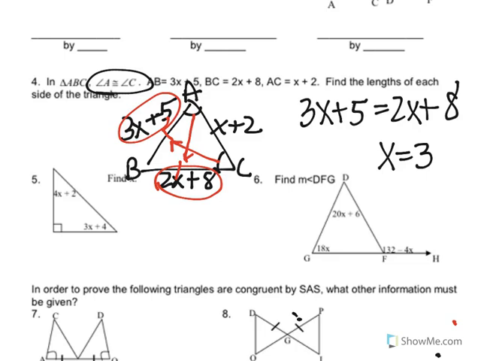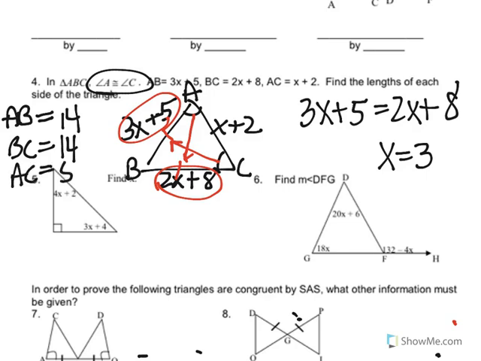And once you have x equals 3, you plug that back into each one, and you get your lengths as follows. Now remember, we don't use a line segment mark when we're doing a measurement. It's just AB is equal to 14. BC, of course, is going to be equal to 14 as well because those two sides were congruent, and AC is equal to 5.